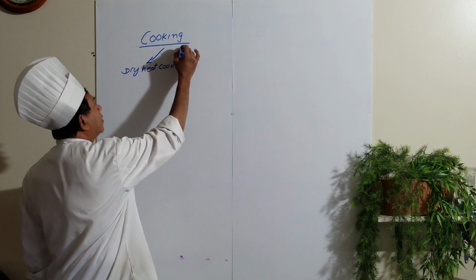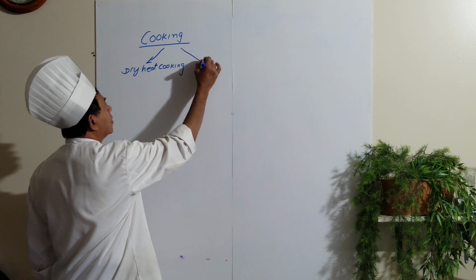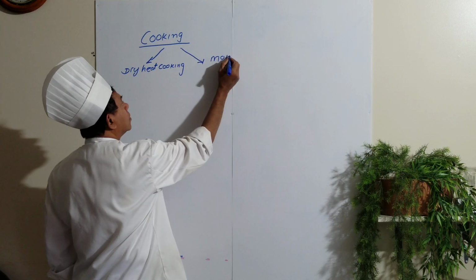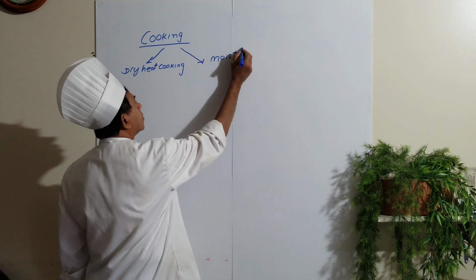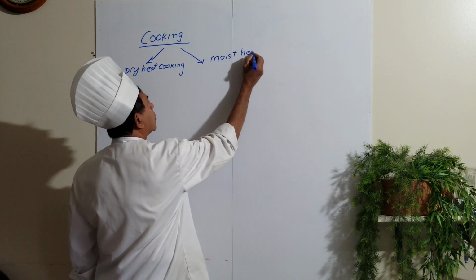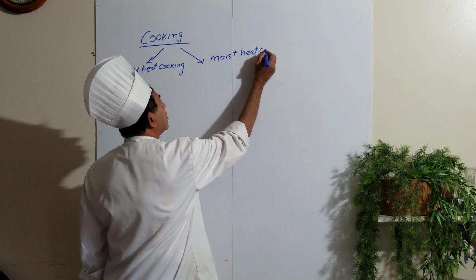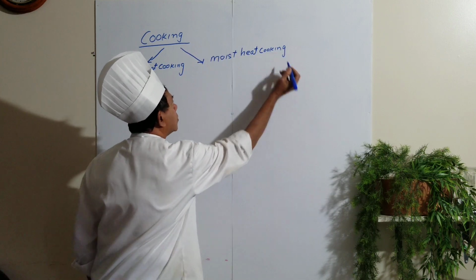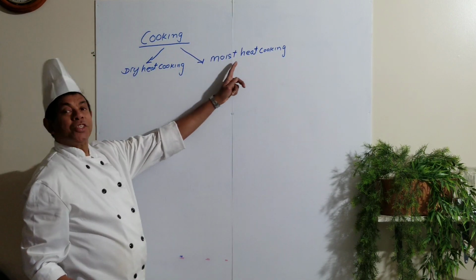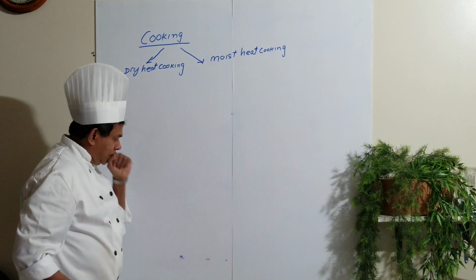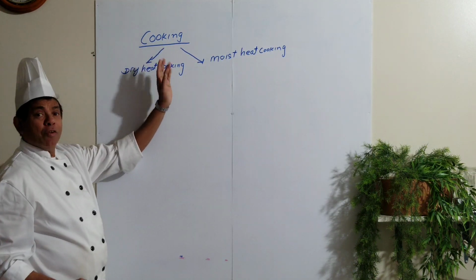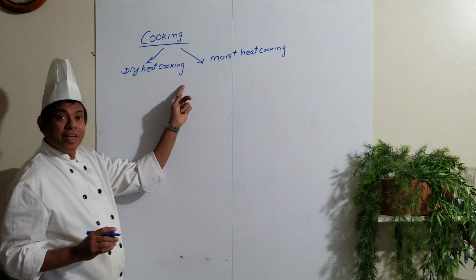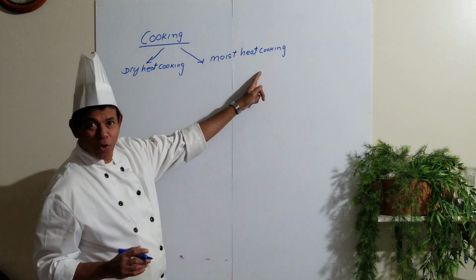The second one is moist heat cooking. One is dry heat cooking, the other is moist heat cooking.